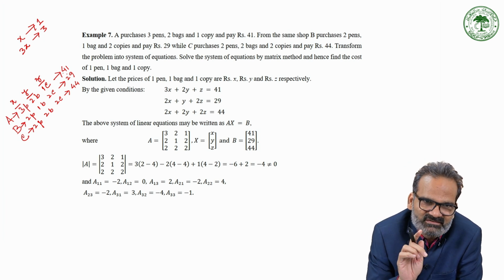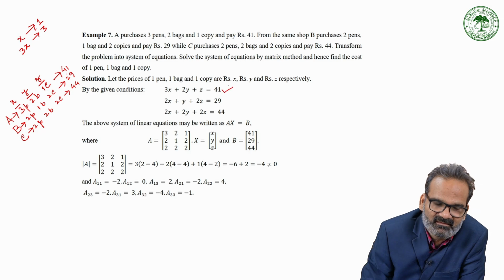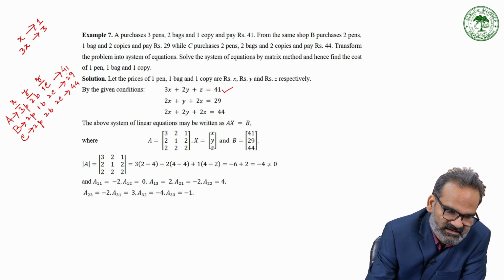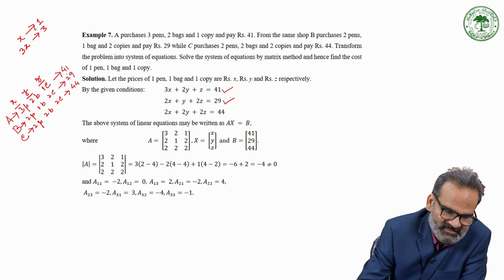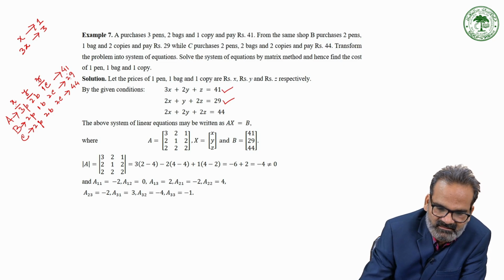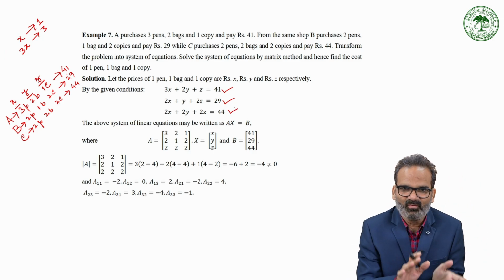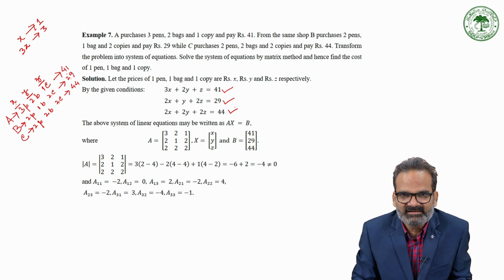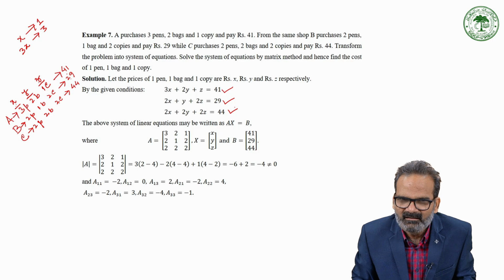So first equation is 3x plus 2y plus 1z equals 41. This is equation 1. In second case, twice x plus y plus twice of z is 29. This is equation 2. Third is twice of x plus twice of y plus twice of z, this is equal to 41. Clear? So this is how we can transform the data given in the word problem into the mathematical equations.